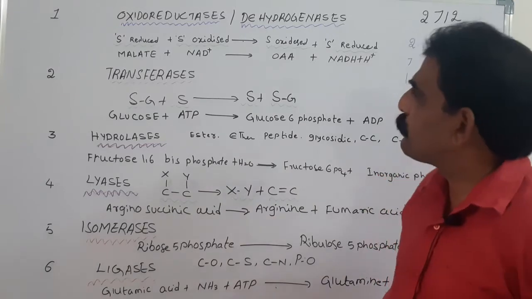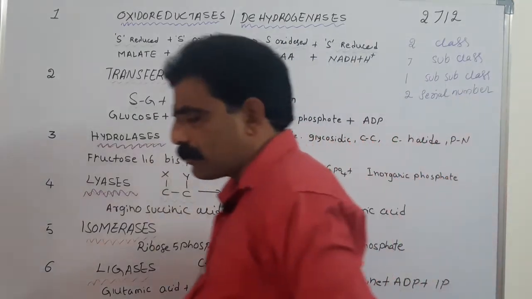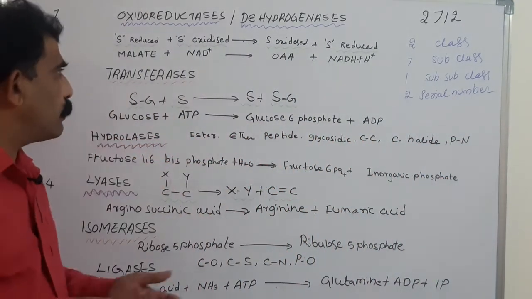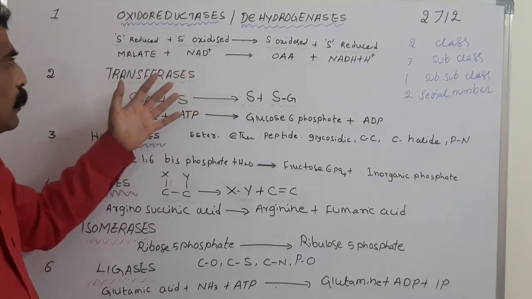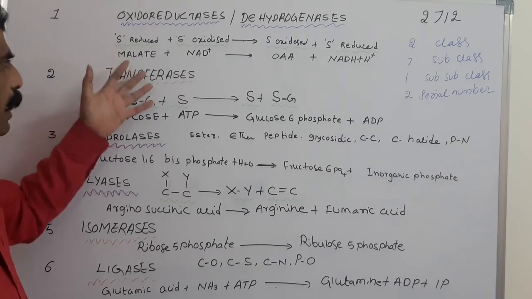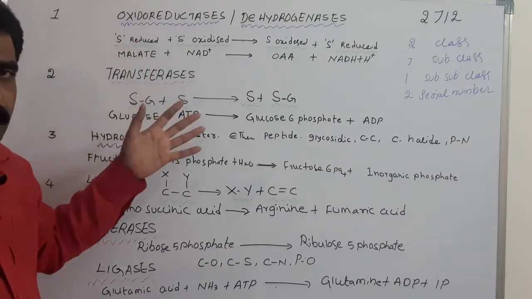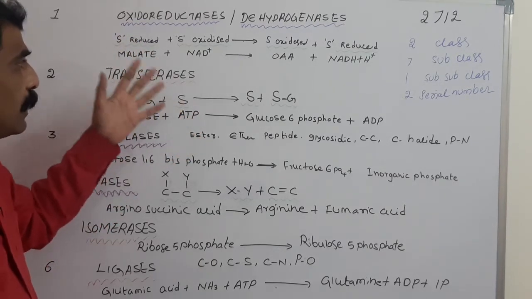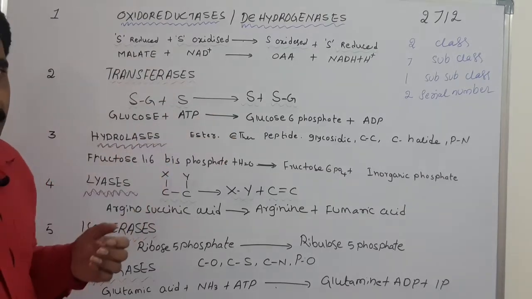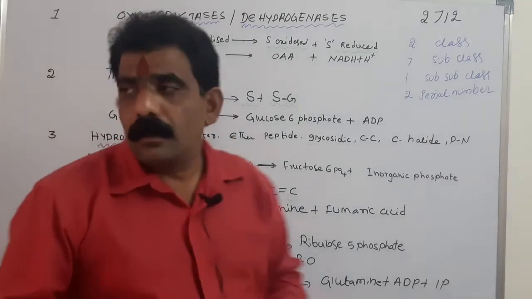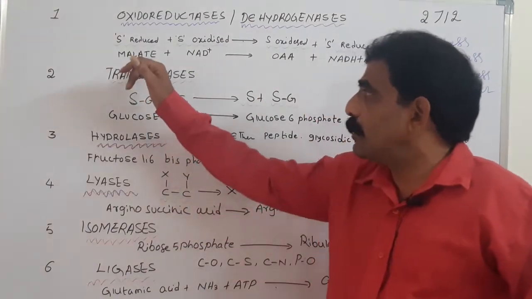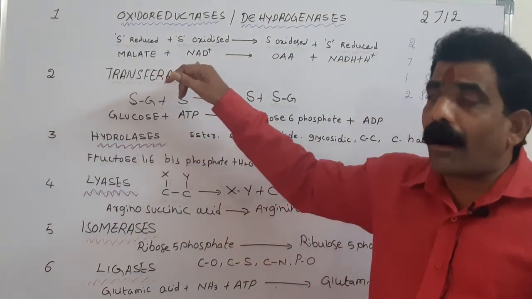For example, you take a reaction of the Krebs cycle where malate is reduced. From the malate, H2 is removed by the malate dehydrogenase enzyme, and the removed H2 is added to NAD+. Malate is the reduced one, NAD+ is the oxidized one.